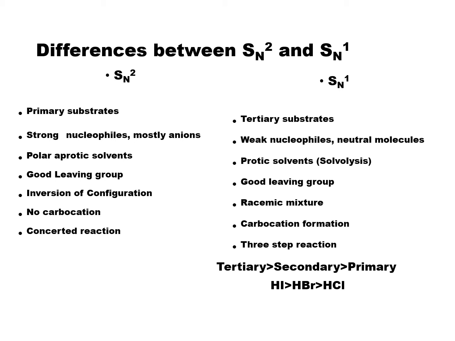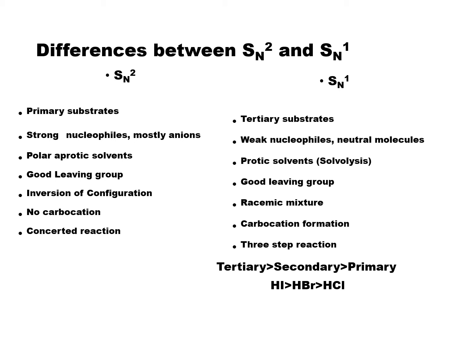Examples: you can have dimethyl sulfoxide, dimethyl formamide and acetone. All these are polar aprotic solvents. Whereas for polar protic solvents, water itself, alcohol itself, or acids, for instance, are examples.